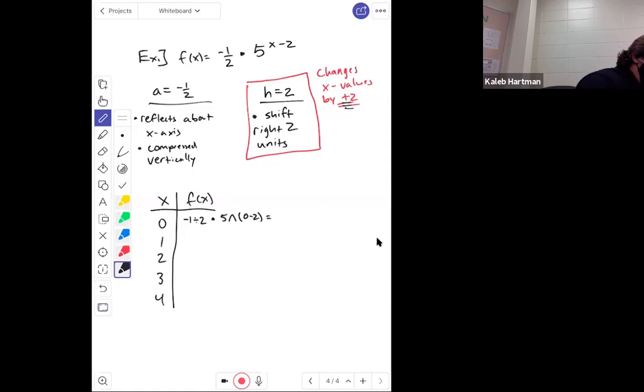You plug all that in. Like I said, the mental math is going to fail me at this point. -1 divided by 2 times 5 to the power of 0 minus 2. This is -0.02.